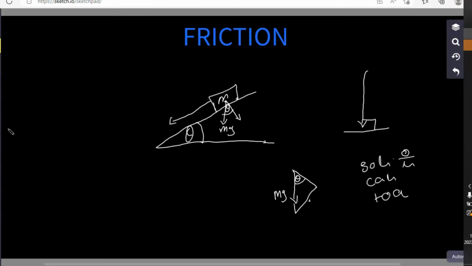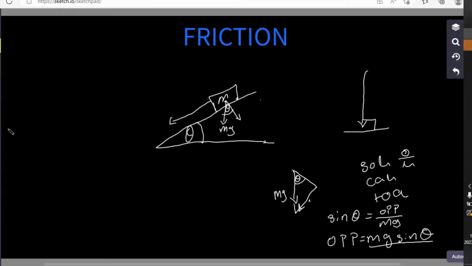So we are going to say sine theta is equal to the opposite, which is this one, divided by the hypotenuse, which we know by now is mg. So for us to get the opposite, the formula we have to use is mg sine theta, meaning the value of this force will be represented by this formula.